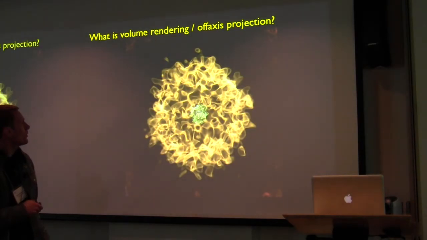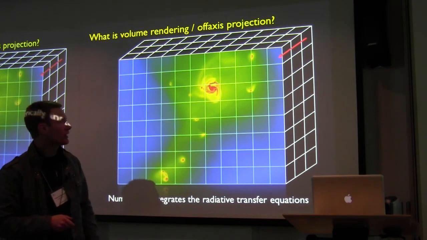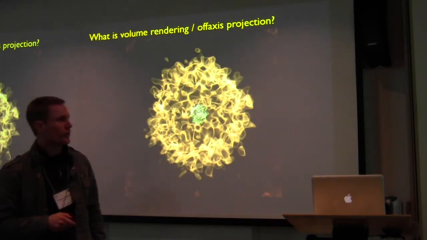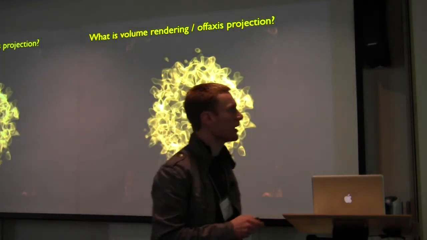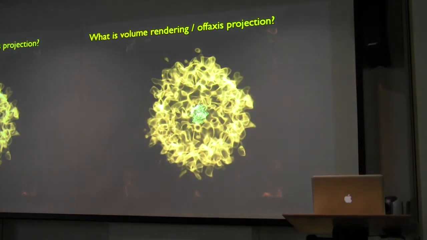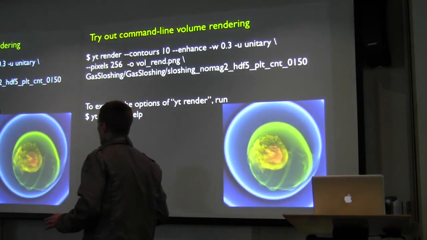This image is an off-axis projection from one of my galaxy simulations. Whereas this is a volume rendering using isodensity contours to represent the distribution of mass throughout the simulated volume. The yellow represents a certain density level, whereas the green represents a higher density level, and so on and so forth.